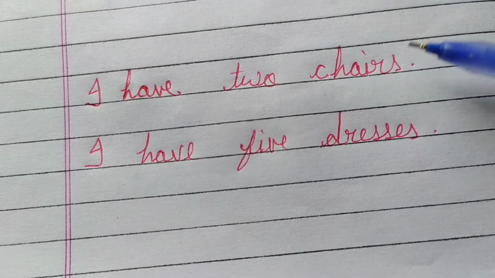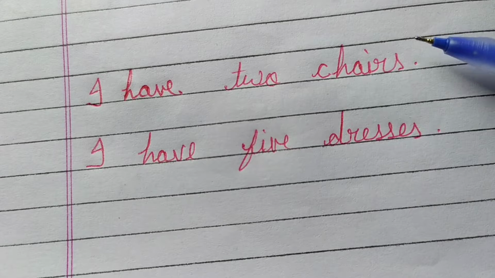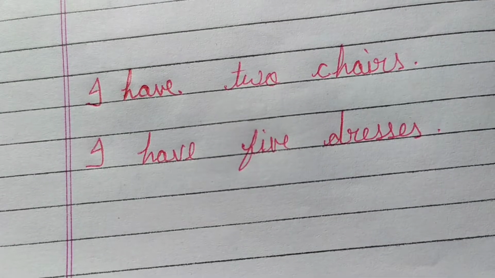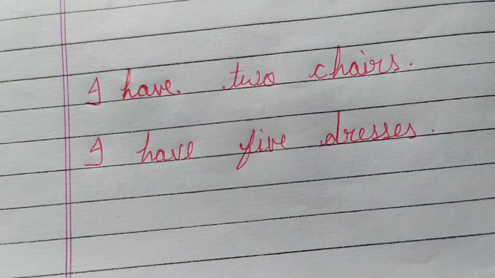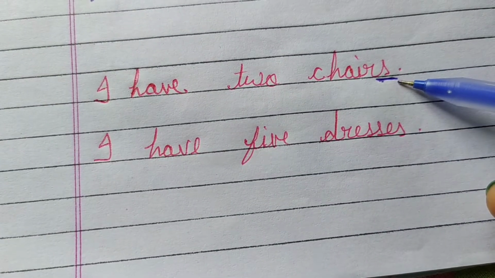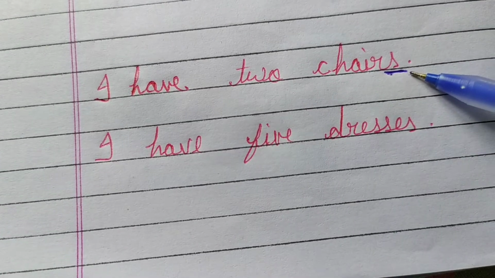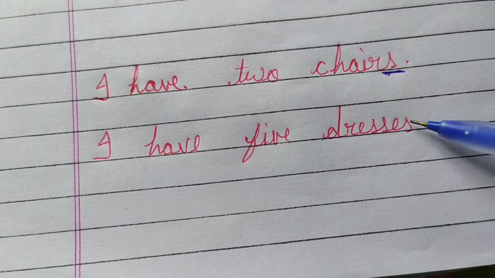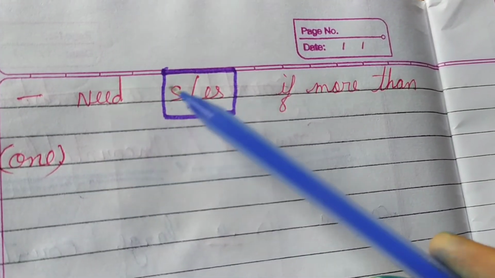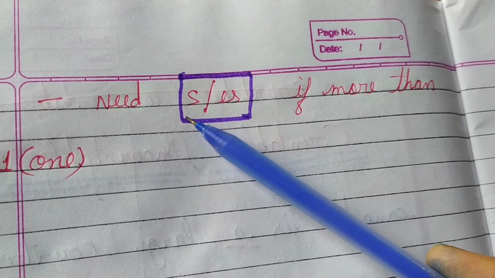When we have more than one countable noun, for example 2, 3, 4, 5, 6, more than one, we need to add S. This shows us that there is more than one. We need S or ES if there is more than one noun in countable nouns.